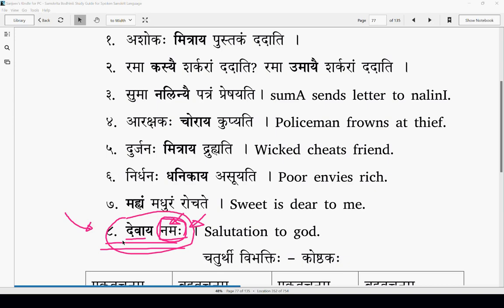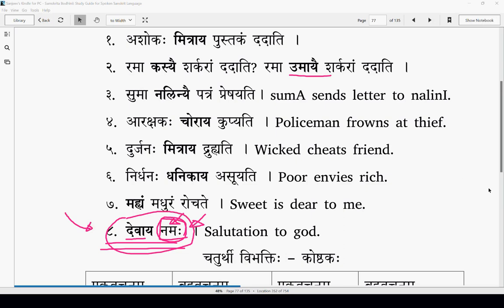Devaya Namaha, like Ramaya Namaha. Similarly, Umayai Namaha. If it is Guru, you use the Chaturthi of Guru. We saw Gurave Namaha, which is famous, right?